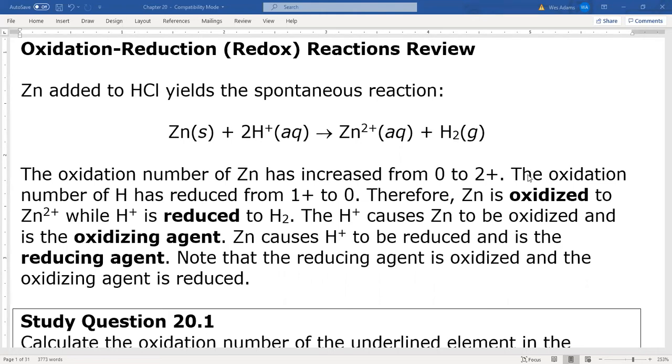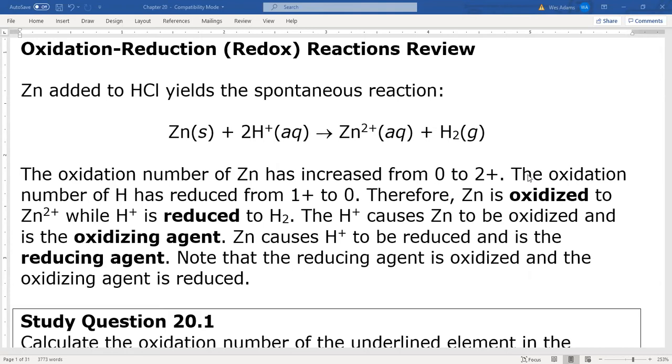But for example, if we react zinc with hydrochloric acid, we'll eliminate the spectator ion chloride so that we can look at this reaction and more easily see what's oxidized and reduced. We have zinc reacting with 2H+ to form zinc ion and hydrogen gas.